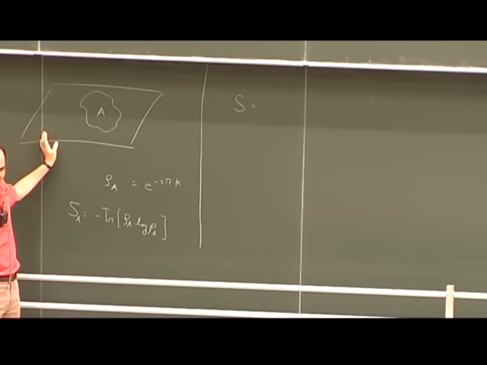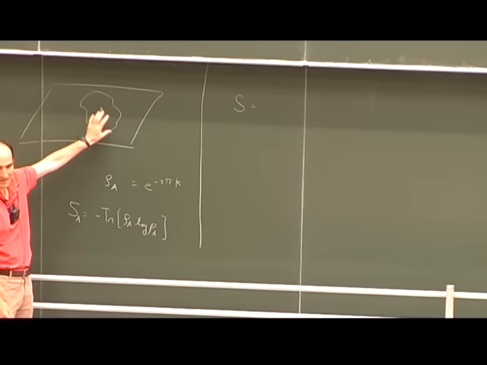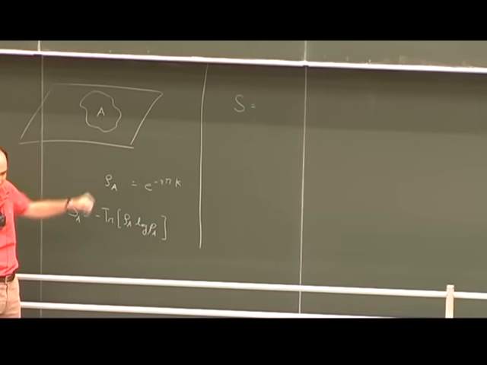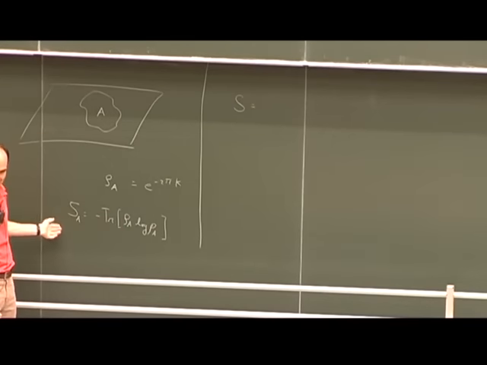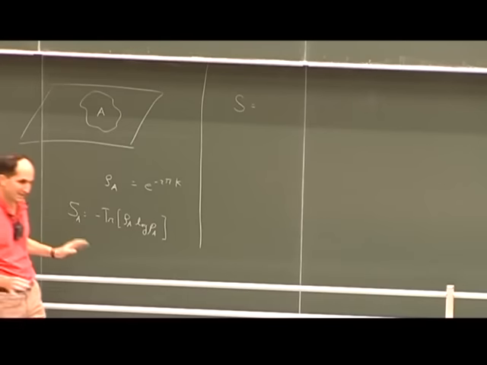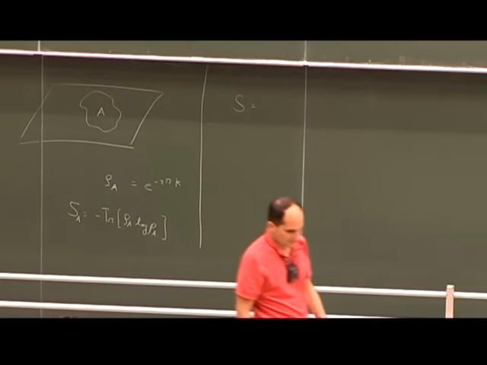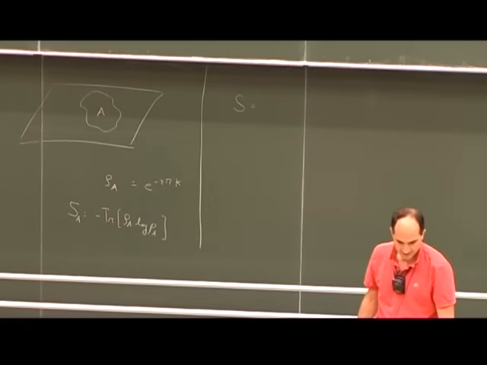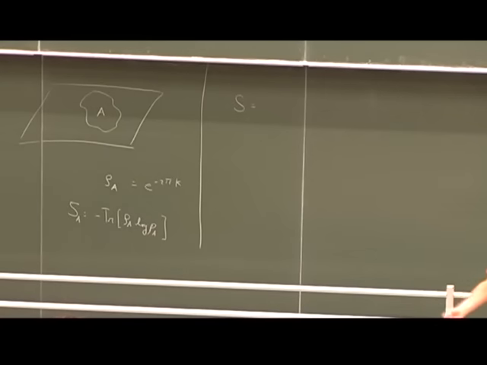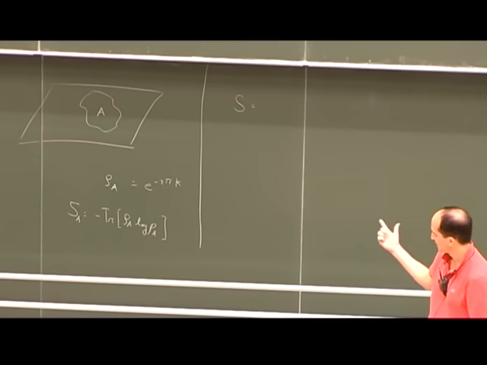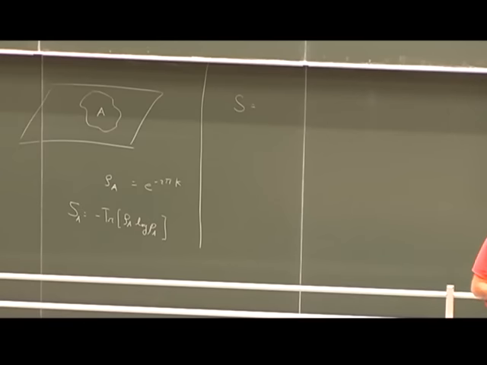There we started with a mixed state, and we can define a density matrix associated to a finite region or to the right Rindler wedge, and we'll get some density matrix, and we can calculate this entropy. So we can do that for any state. And people use these entropies as tools for studying the quantum field theory or the state. As I said, these entropies are not very easily measurable, but people compute them as theoretical tools to study the quantum field theory.